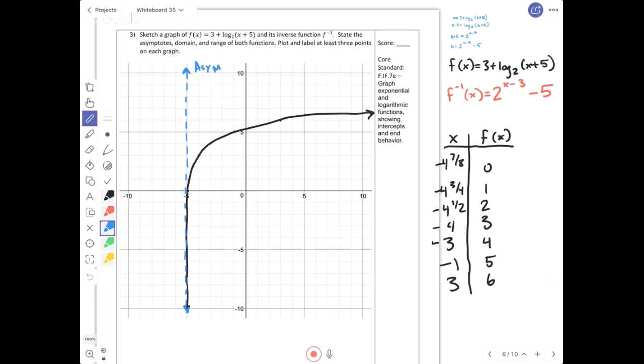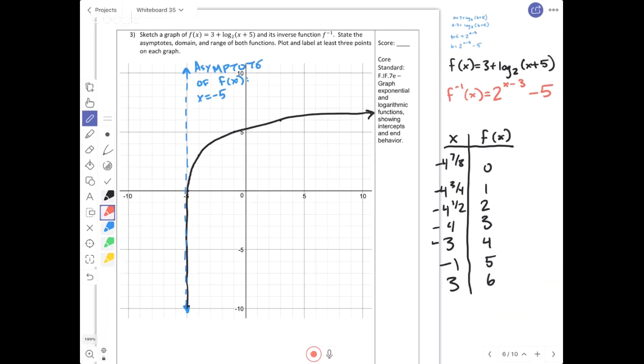Asymptote of f of x equals negative 5. Cool.